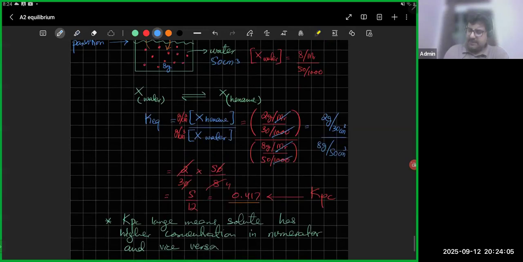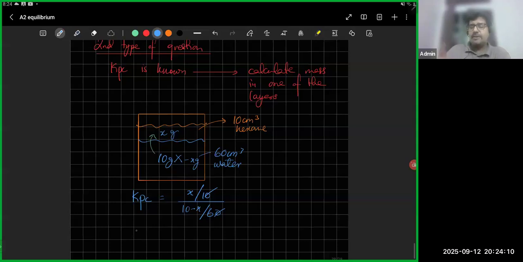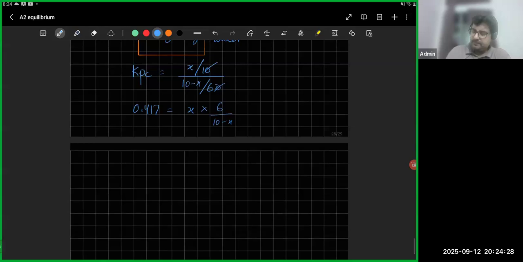In the previous part we calculated KPC, which is going to be a constant, and like any equilibrium constant, it only changes with temperature. So you get 0.417 is equal to x into 6, and then 10 minus x. And then I have to solve for x.